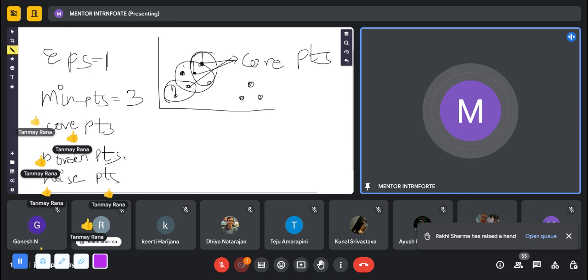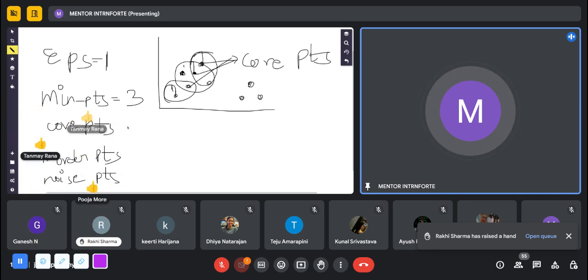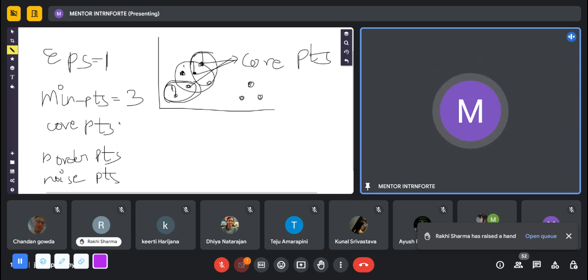So a border point is a point that is not a core point, but has one core point within its one epsilon radius. Since it has this 1 core point within one epsilon radius, that is why this point is known as a border point.